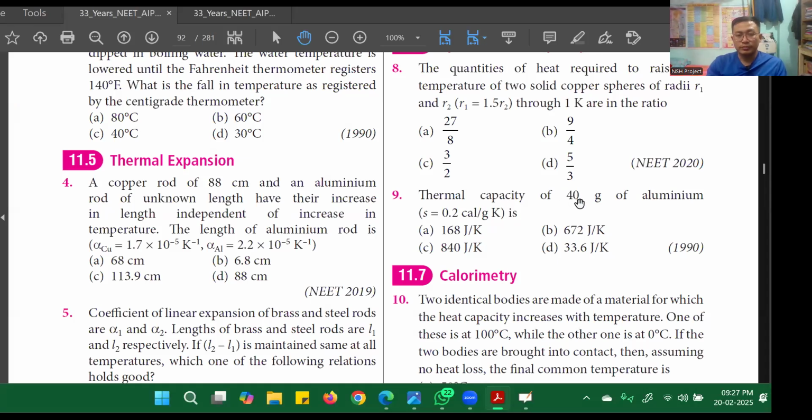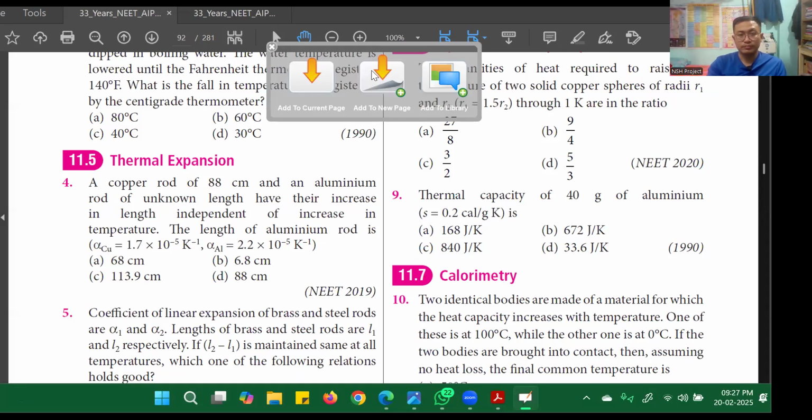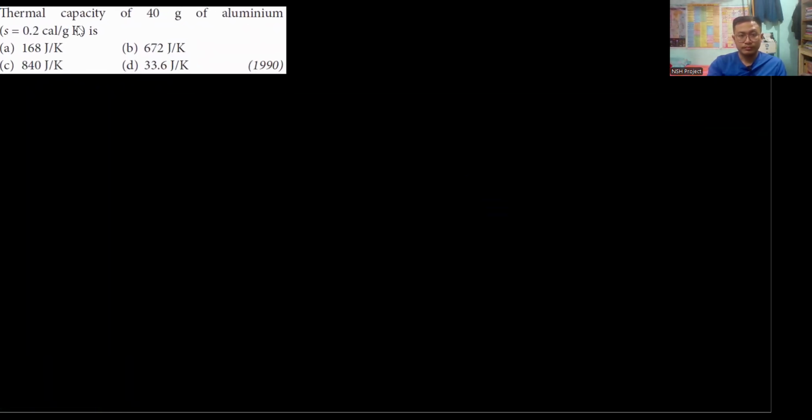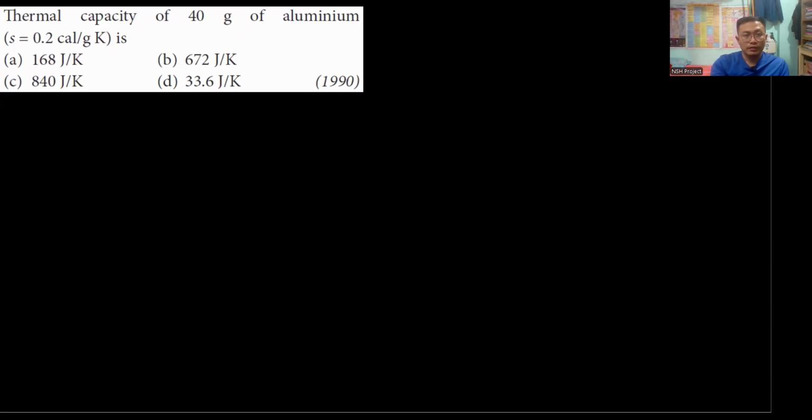Now the thermal capacity of 40 gram of aluminum is asked, where the specific heat capacity is given. The thermal capacity is in joules per Kelvin.